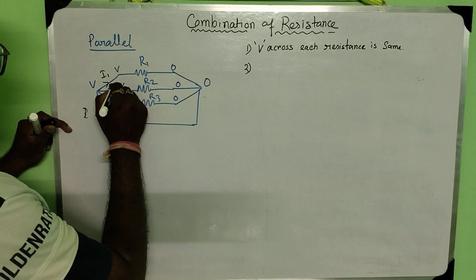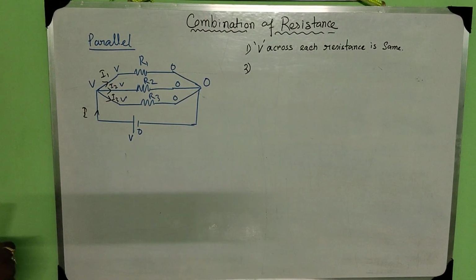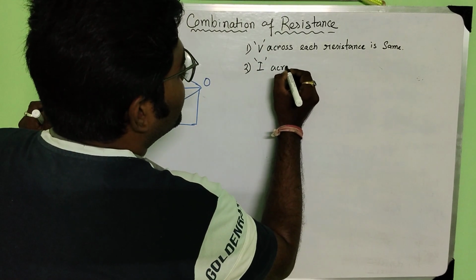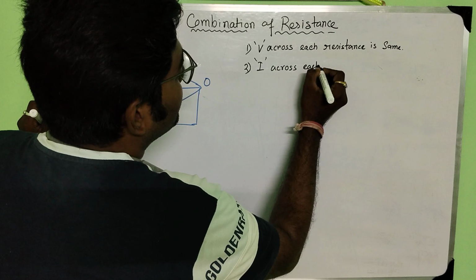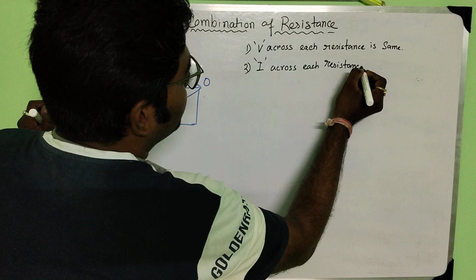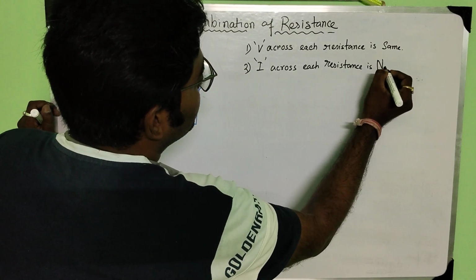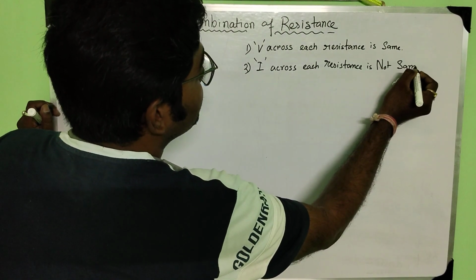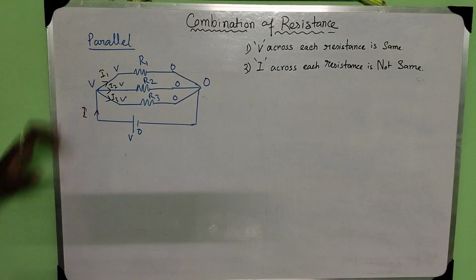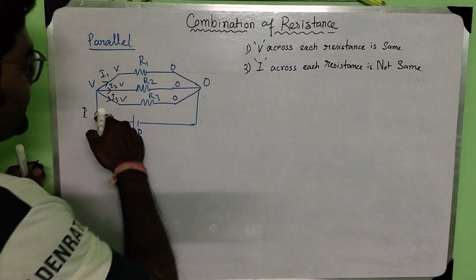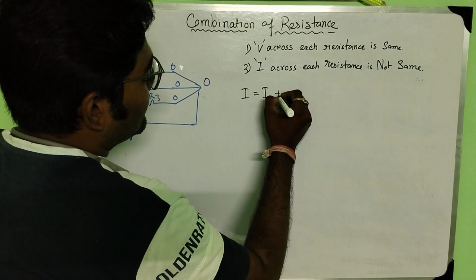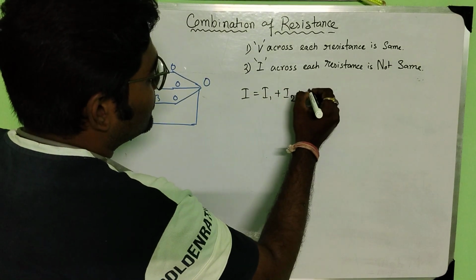Let's say it is I1, I2, I3. So I across each resistance is not the same. And this I is distributed in 3 branches, so I can say I equals I1 plus I2 plus I3.